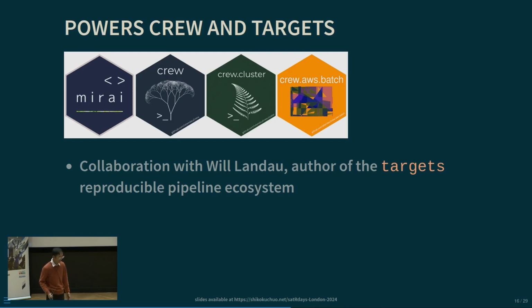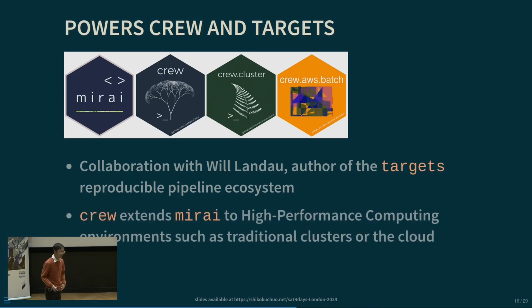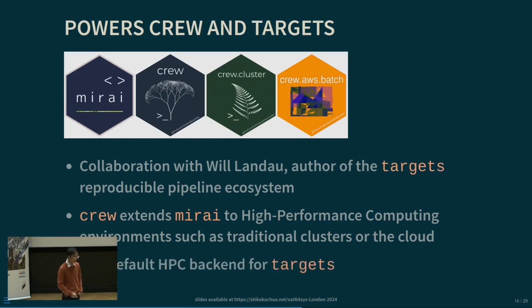But I've been developing this package for him, and he's developed a package called Crew, which extends Mirai to these high-performance computing environments, which includes traditional clusters and the cloud. And Crew is now the default high-performance computing backend for targets.